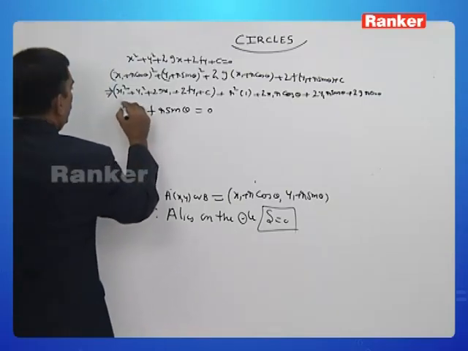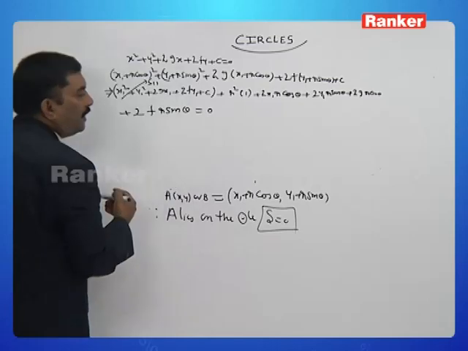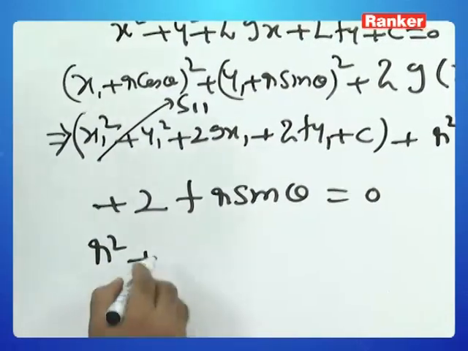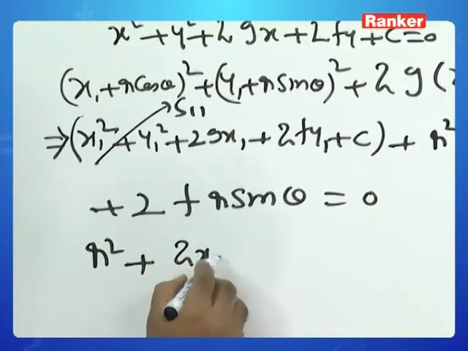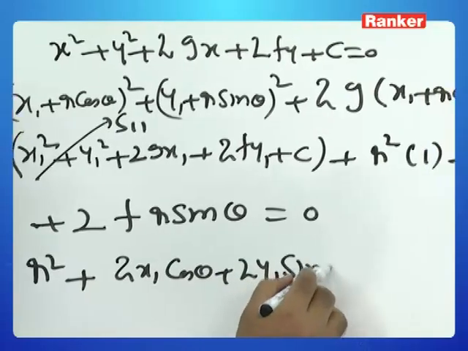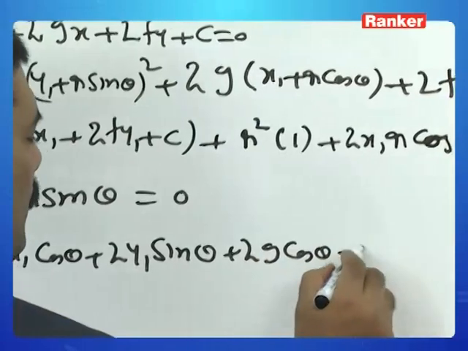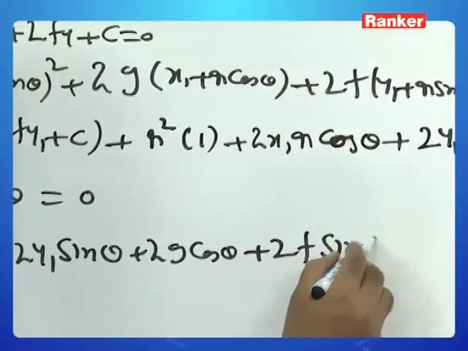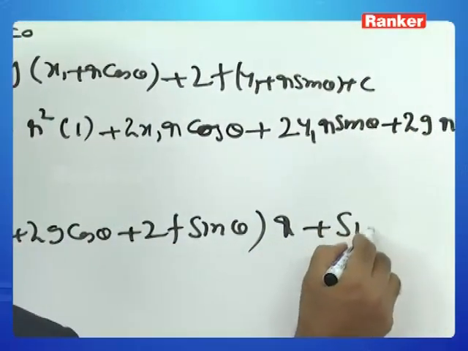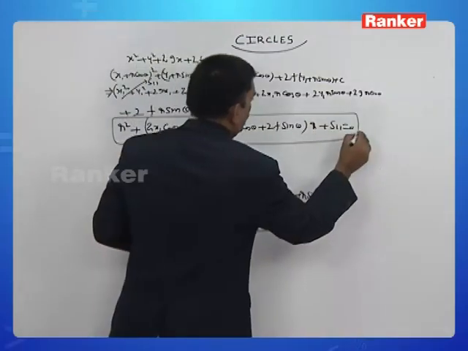Now this is nothing but S11. Now which is a quadratic in what? r square. I can write r square plus 2x1 cos theta plus 2y1 sin theta plus 2g cos theta plus 2f sin theta into r plus S11, which is a quadratic in r.